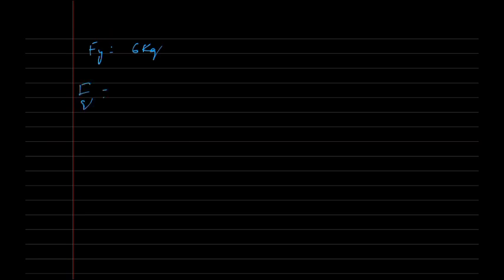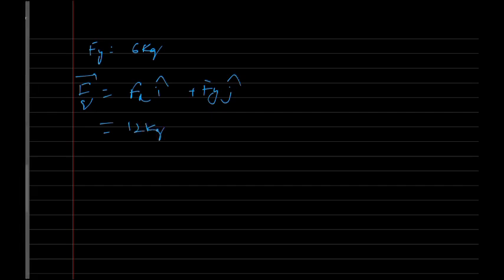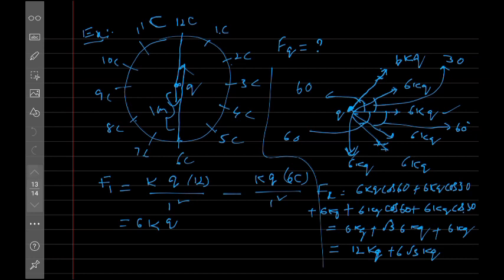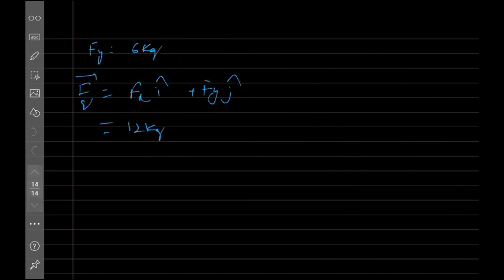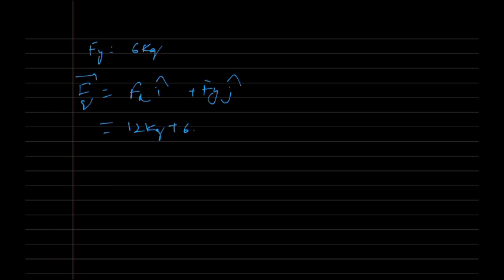It is equal to Fx i cap plus Fy j cap, that is equal to (12 plus 6 root 3) kq i cap plus 6kq j cap. So this is the vector.